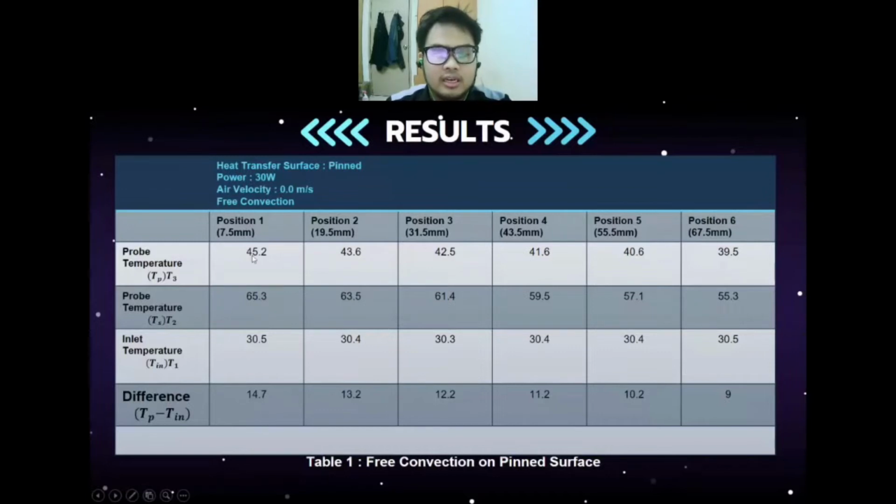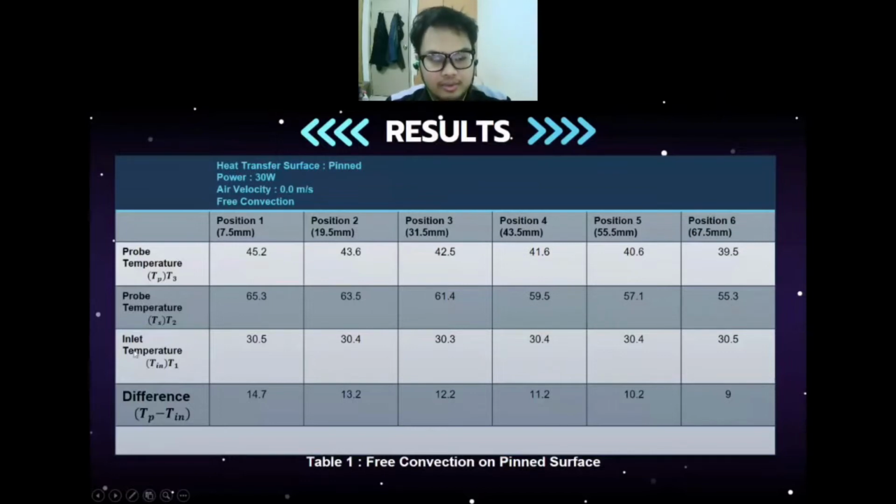As you can see, the temperature is decreasing from position 1 until position 6 for TP, T3. The TS, T2 also decreases from position 1 until position 6. You can see 65.3, then it decreased to 55.3.